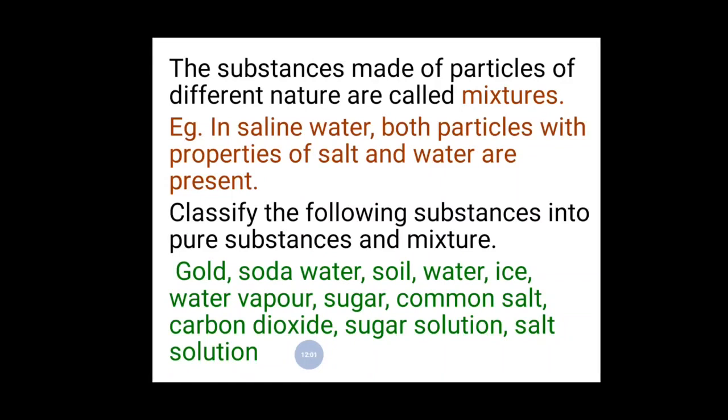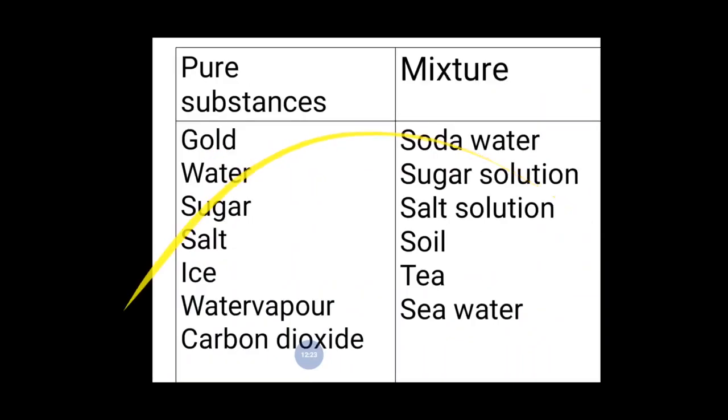You can see that the particles have identical properties. But if you take saline water, that is salt water, what happens? Both particles with the properties of salt and water are present. So in saline water, two different particles are present. Which are they? Salt and water, right? Now from this example you'll get more idea.